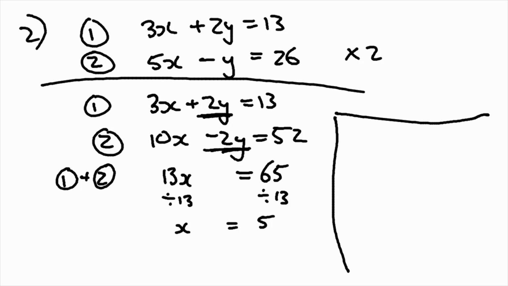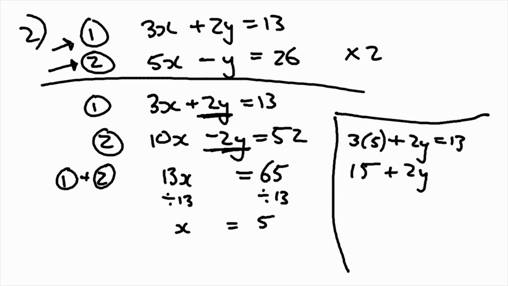Now we have got the value for x, we can work out the value of y by substituting it into one of these two equations. I'm going to choose the first one. So 3 lots of 5 plus 2y equals 13. So 15 plus 2y equals 13.